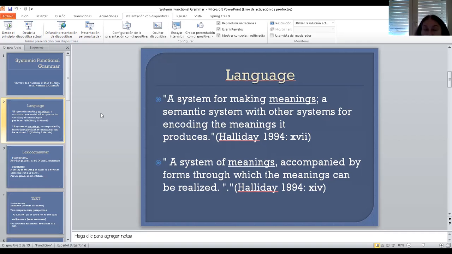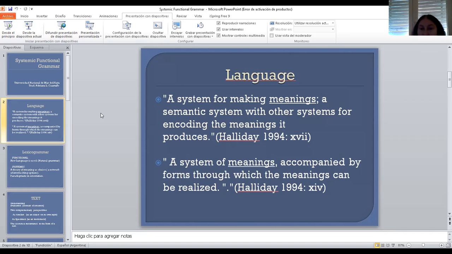If we look at this quotation, we will see again this idea of language as a system. That's why it is systemic. And we also see that I have underlined the word meanings.